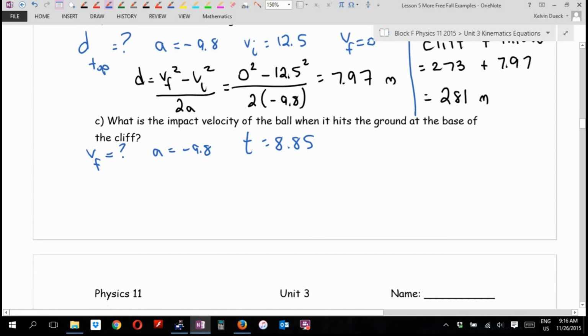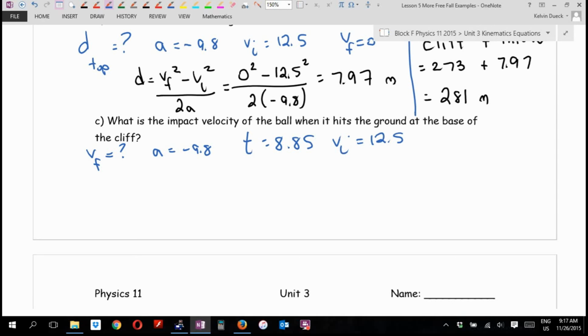VI, 12.5? By the way, when we hit the ground, are we traveling up or traveling down? Am I expecting a negative velocity or a positive velocity? If I get a positive answer, I'll freak. I've done something wrong. Things don't fall up.